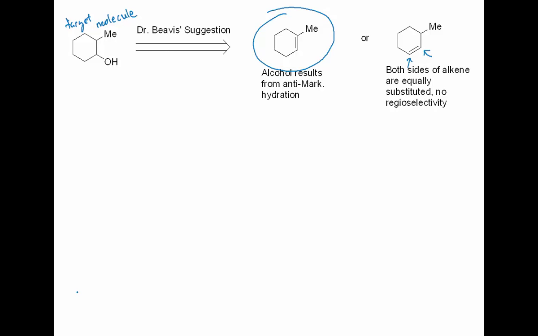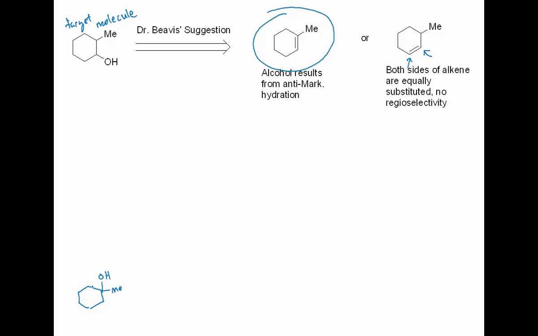Let me draw again over here what is our designated starting material, so we don't forget what that is. Okay, so somehow or another, as we identify legitimate precursor compounds, we also have to think about how they relate to our ultimate starting material.